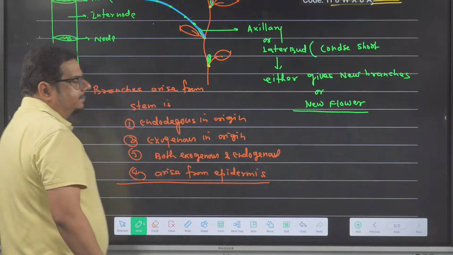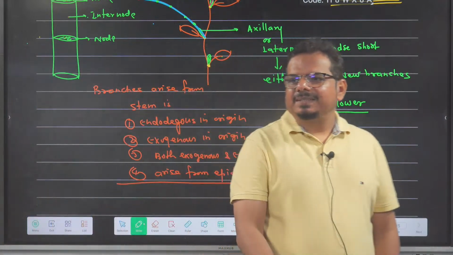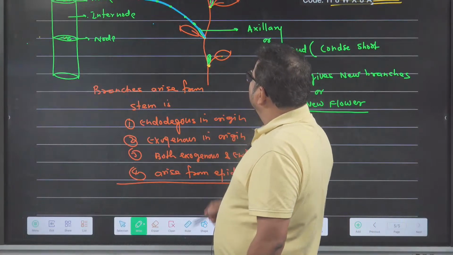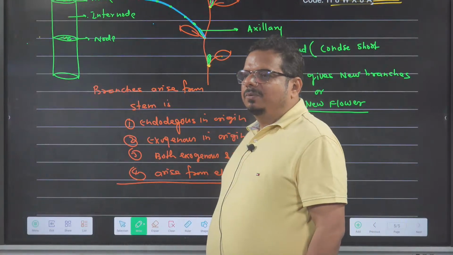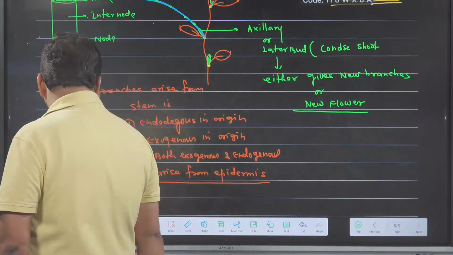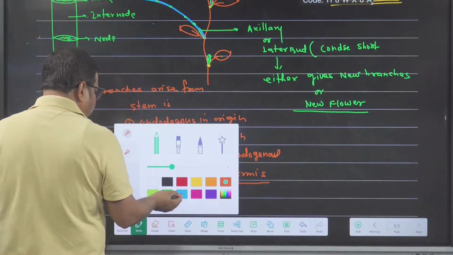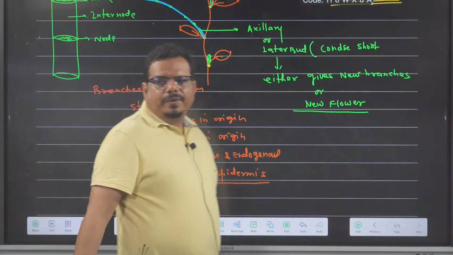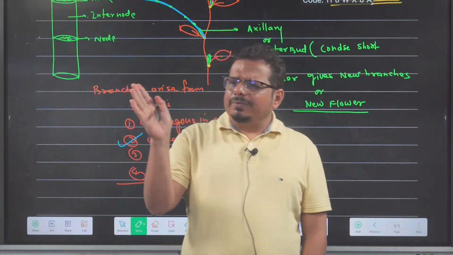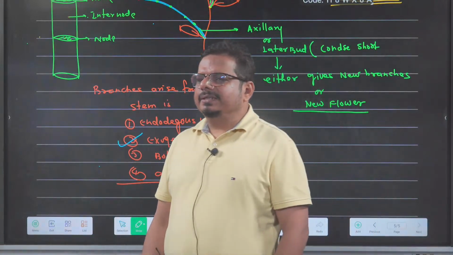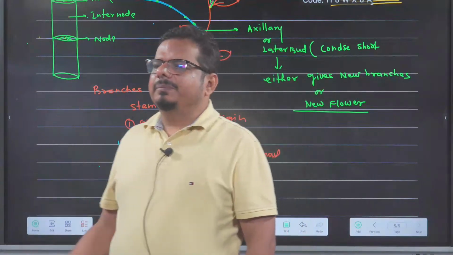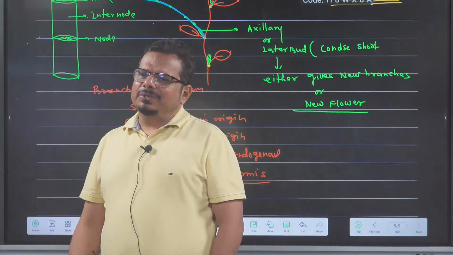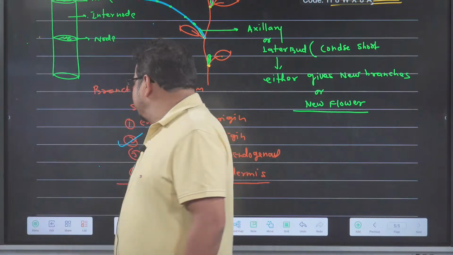Answer this question: leaf and branches are arising from the nodes. Are they exogenous or endogenous in origin? They are exogenous in origin. When anything arises from superficial layers, it is exogenous. Deep layer of the plant, endogenous. Lateral roots are endogenous.